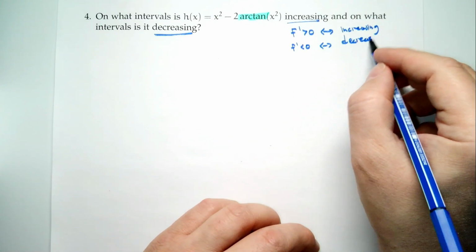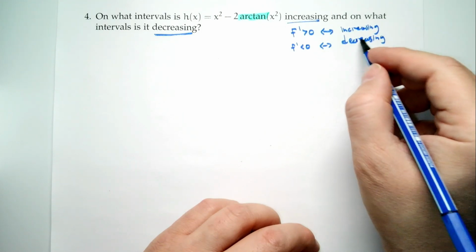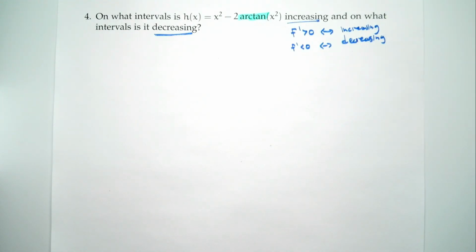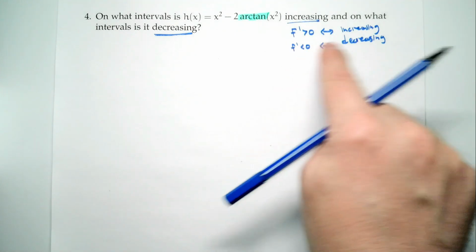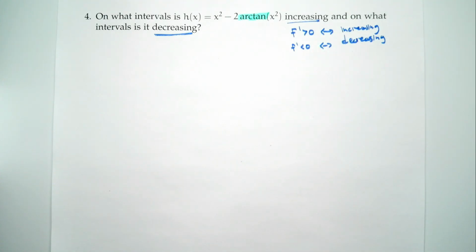So really, what this problem can be rephrased as is, when is the derivative positive, when is the derivative negative? Now there is some sort of technicality. It's not quite true, this relationship, but it's true enough. We can extend it sometimes, and we'll get into that towards the end of the problem.